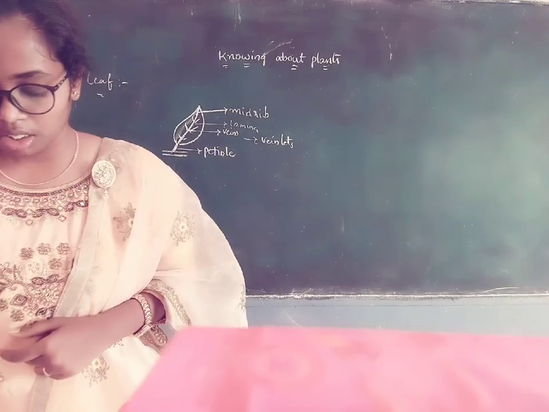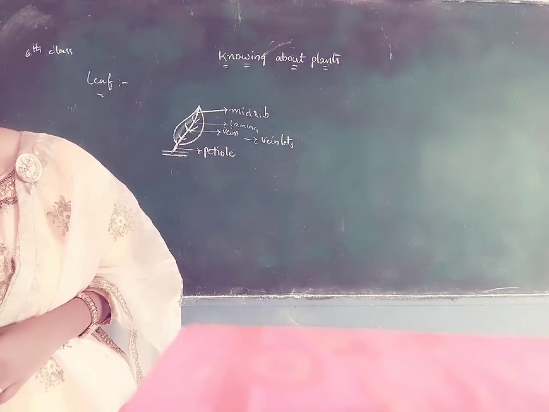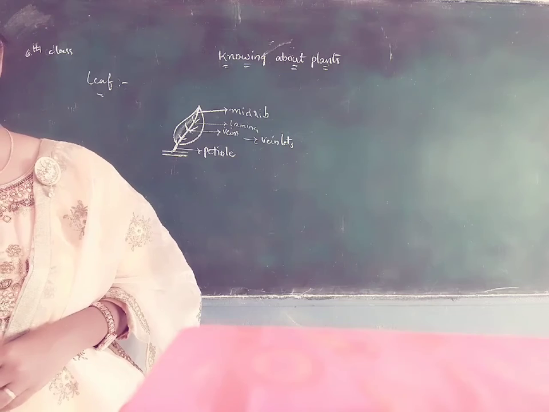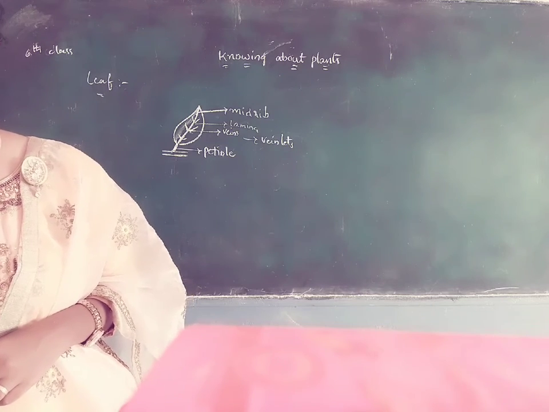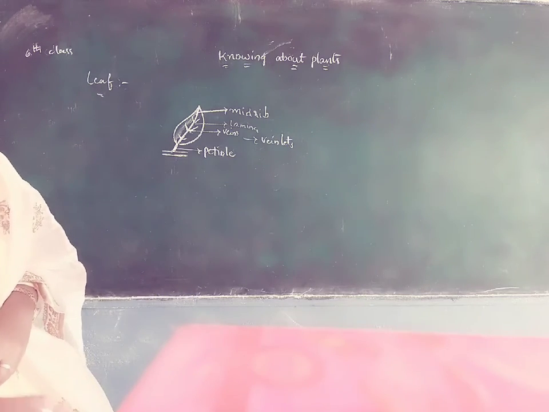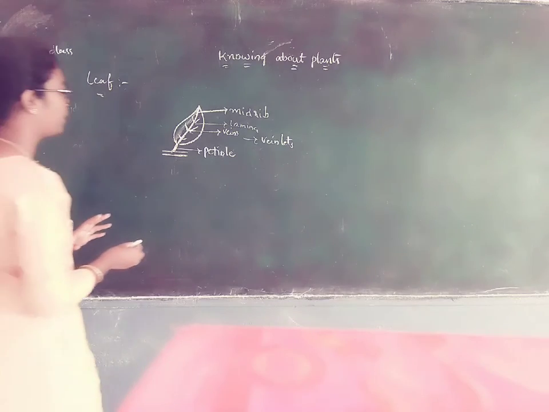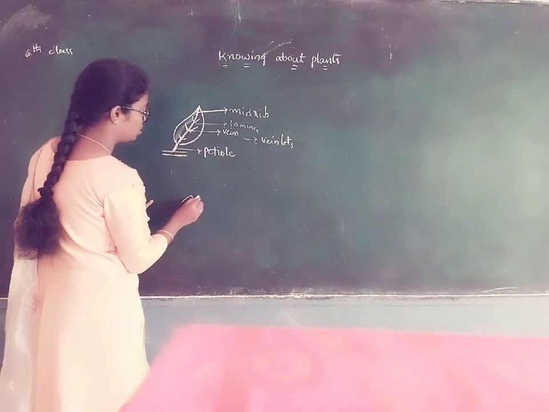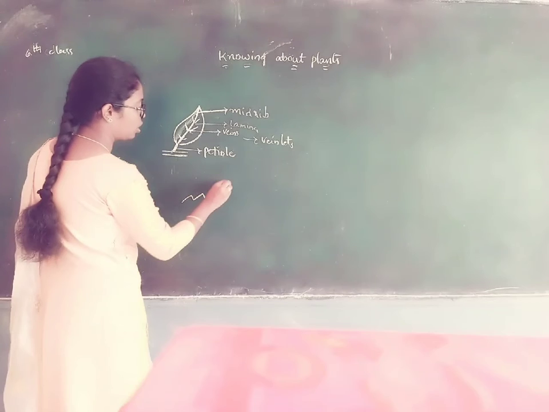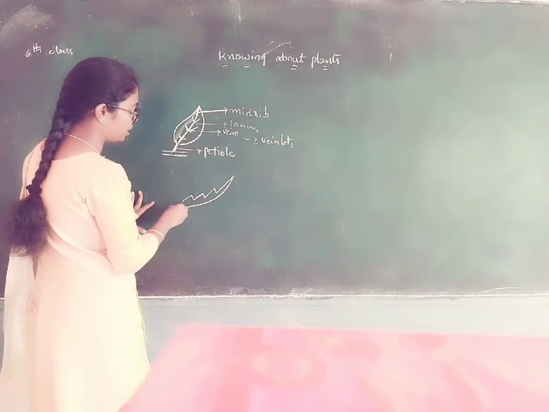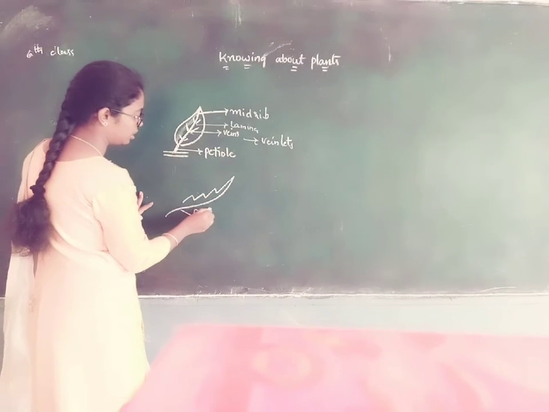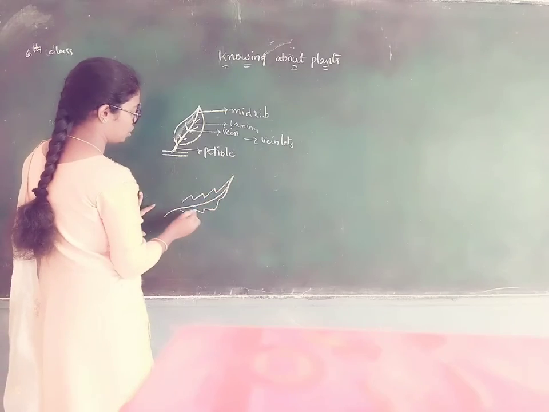Next, are all the leaves the same? All the leaves don't look the same. As I told before, some are scaly and some are different according to their arrangement. Leaves will be seen in different shapes.